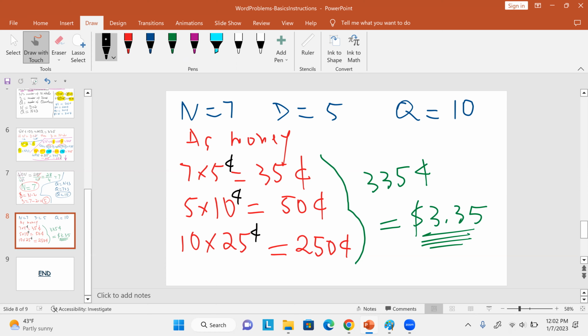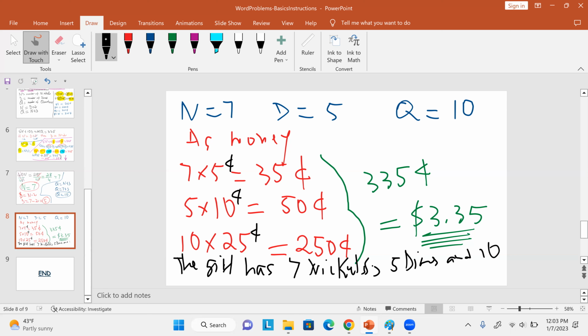So the girl, because the problem is about a girl, the girl has 7 nickels, 5 dimes, and 10 quarters.